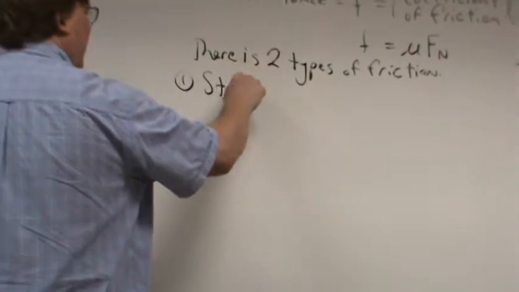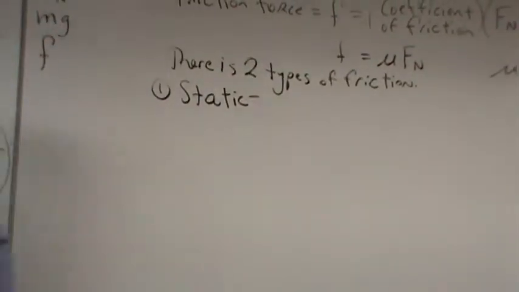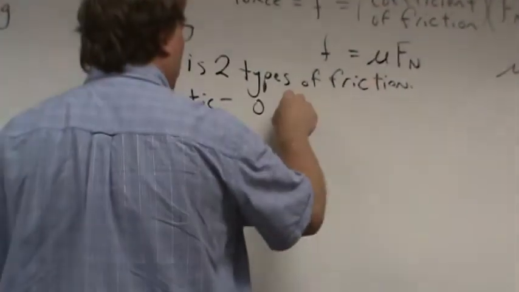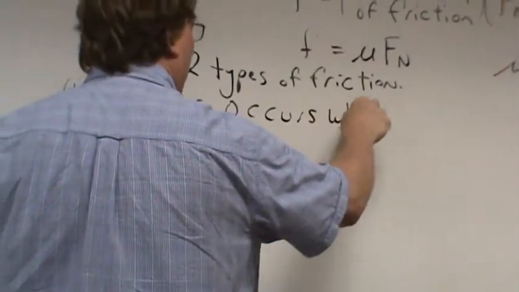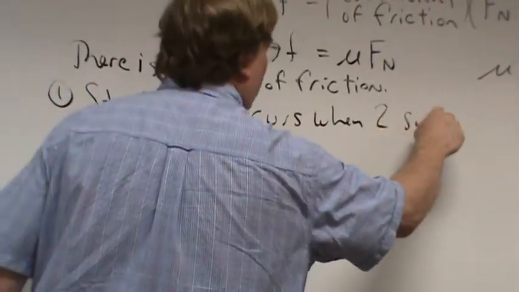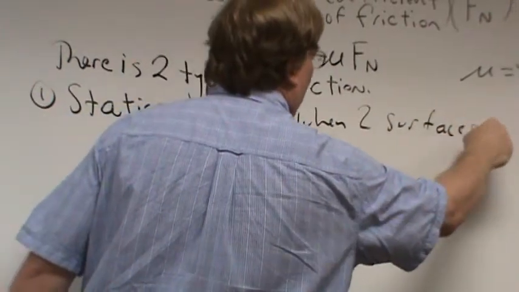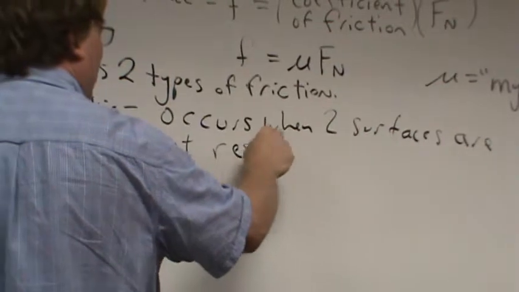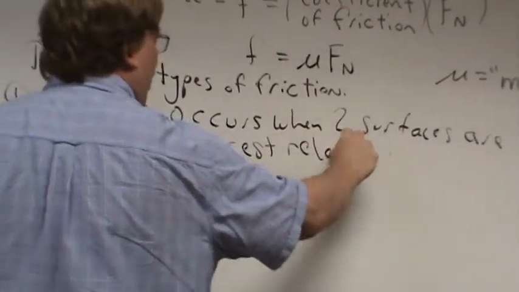Okay, so we've got two types of friction. There's static friction, which occurs when the two surfaces are at rest relative to each other.